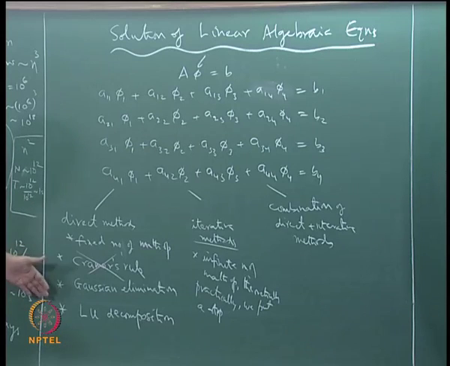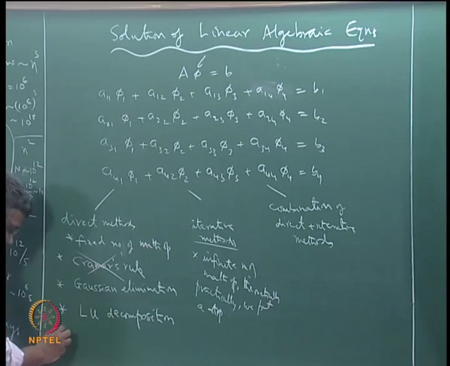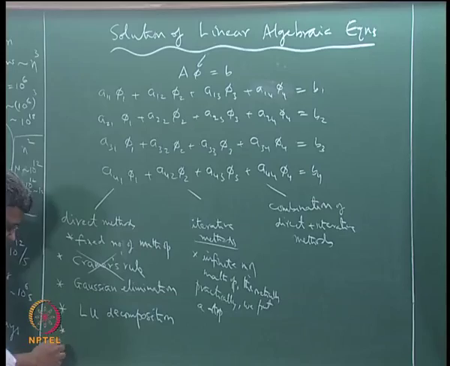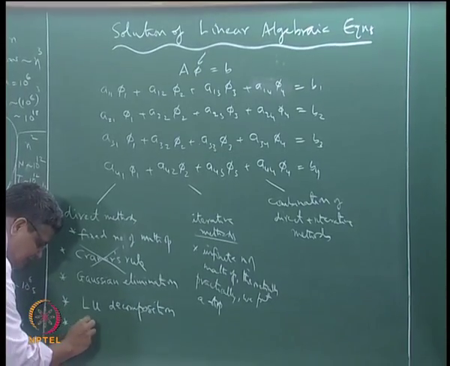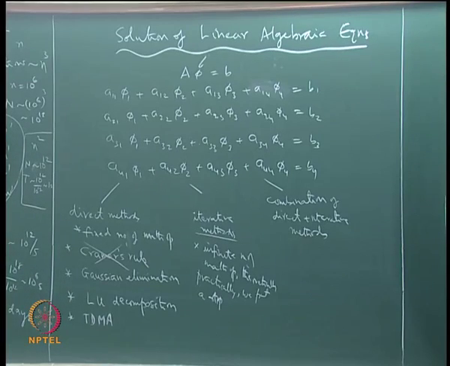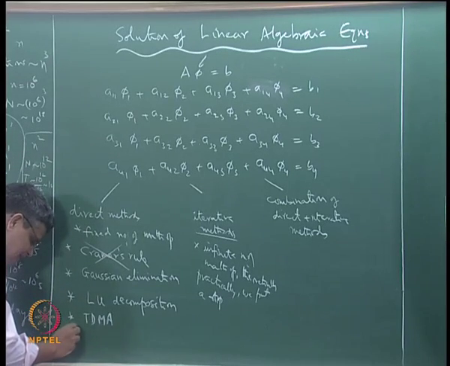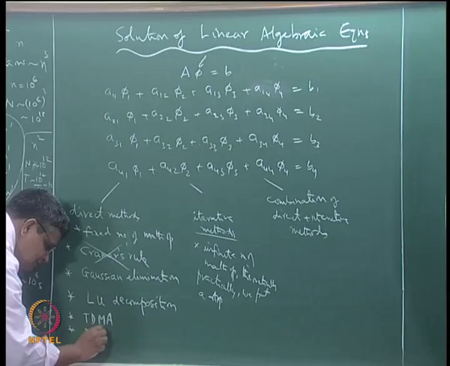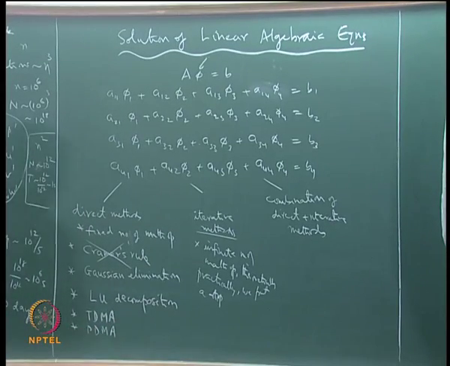In the context of CFD we can call these the tri-diagonal matrix algorithm and pentadiagonal matrix algorithms. These are in a way variants of the Gaussian elimination for special structure, and even LU decomposition can be considered as a variant of the Gaussian elimination method.